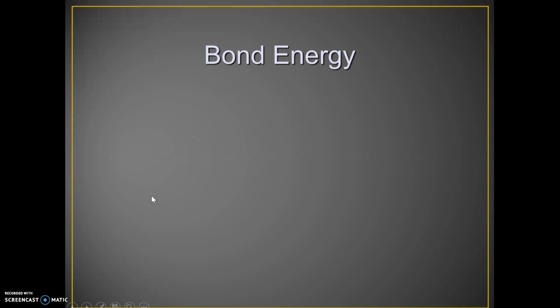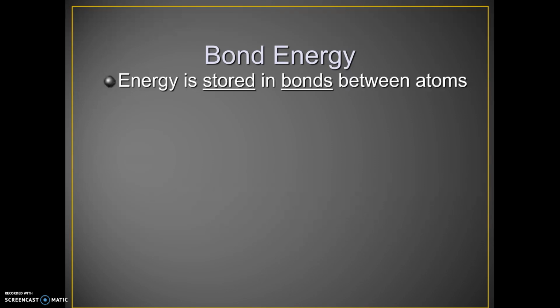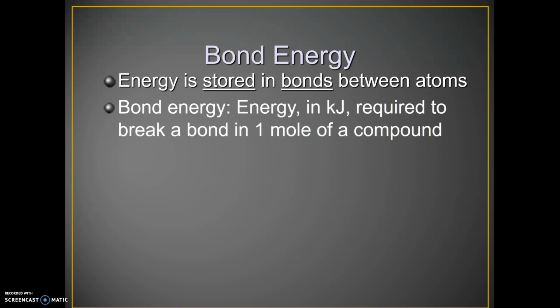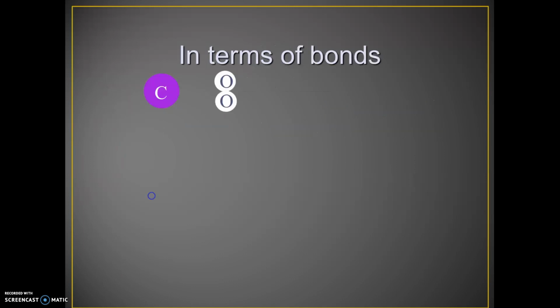Bond energy. We've already talked about this. We did this back in Unit 1, but I'm bringing it back. Energy is stored in bonds between atoms, so that's potential energy. Bond energy is usually written in terms of kilojoules per mole, which means it's the amount of energy required to break the bonds in 1 mole of a compound.